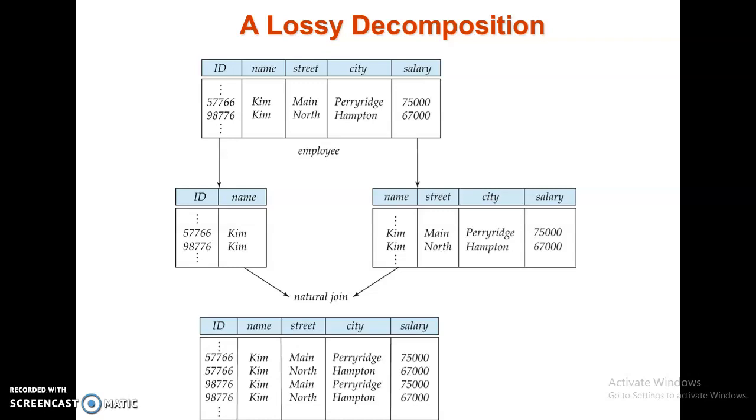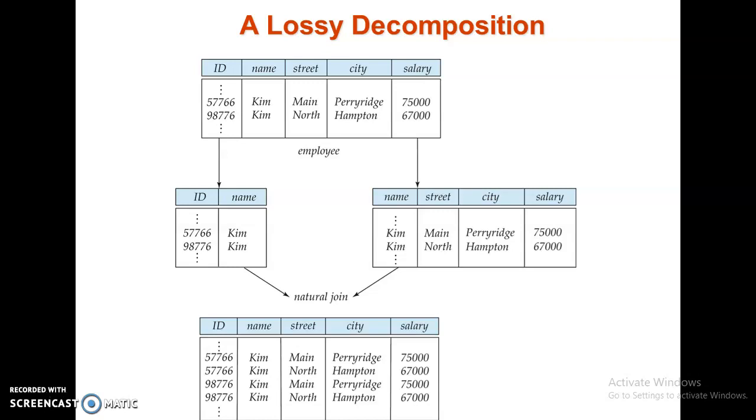Preserving the FDs means all dependent attributes and the determining attribute should come into one relation. And they cannot be pushed into two different relations, thereby violating the functional dependency.